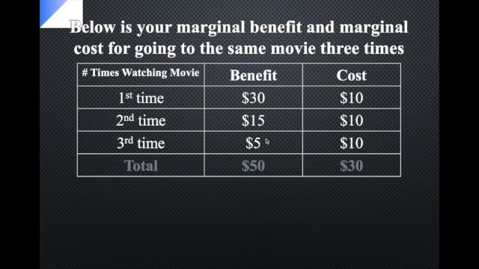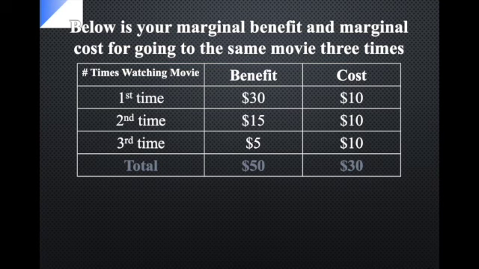And so in this particular case, you would not go the third time, because the satisfaction, the benefit, is not greater than the cost. And so the reason that we look at that incremental, that marginal utility, is because this tells us that this third time is not beneficial to us.